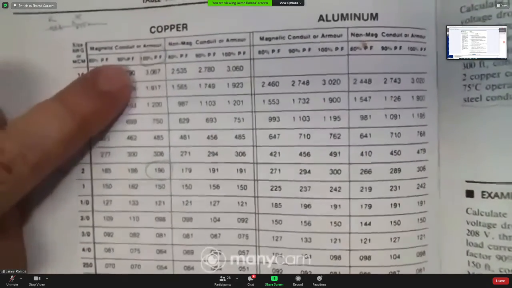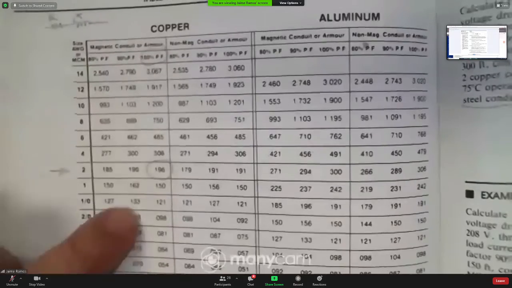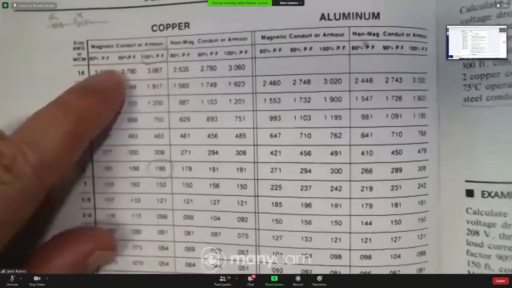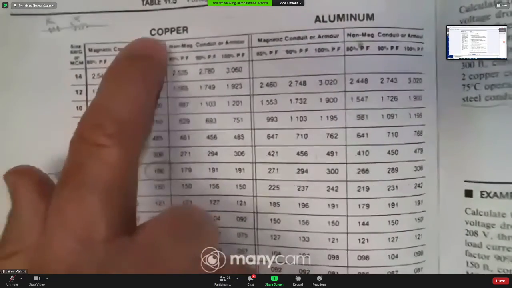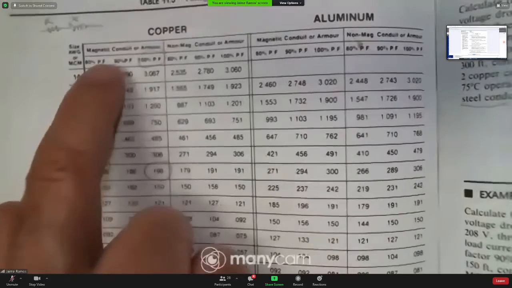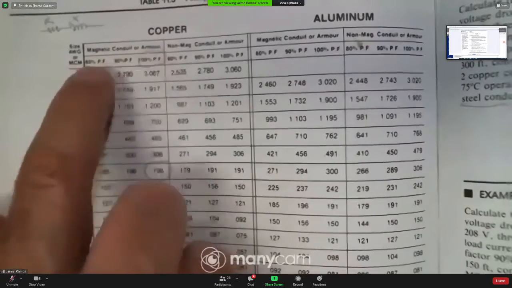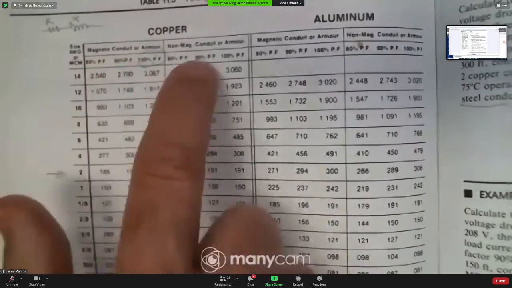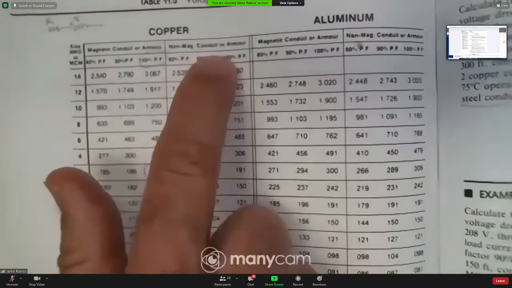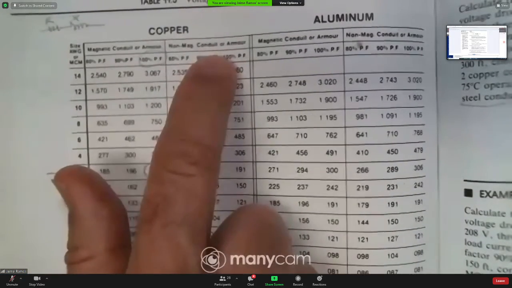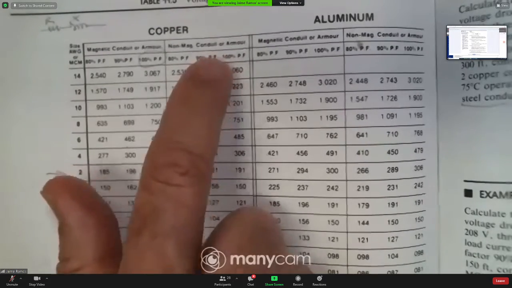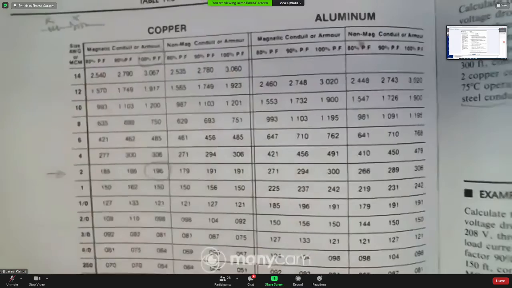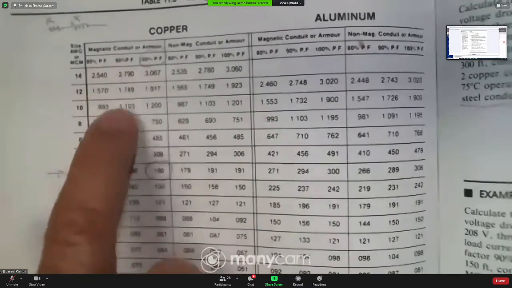Now we need to find 0.165 here. However, we have different conductors, copper or aluminum. So we are in copper. Now in copper, we have different conduits, magnetic conduit or non-magnetic conduit. In this case it's a steel conduit, so we need to look at magnetic conduit.